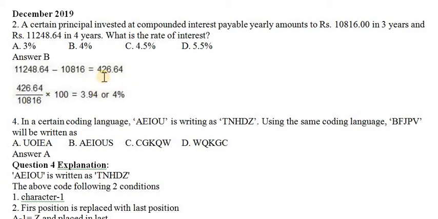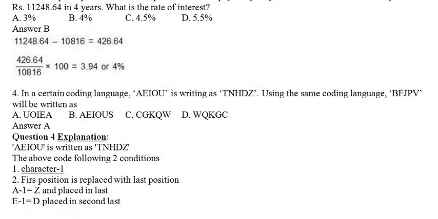Now this actual difference between 3 years and 4 years, divided by 3 year amount into 100, so we will be getting almost 3.94, which is nothing but 4%. Okay, and this is the way we want to calculate compound interest.